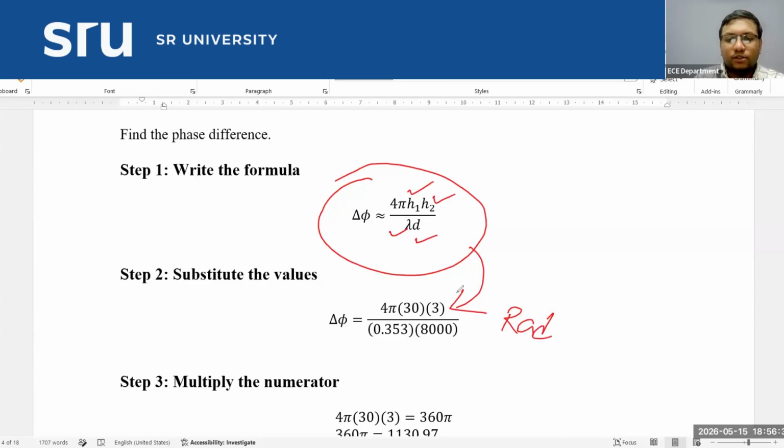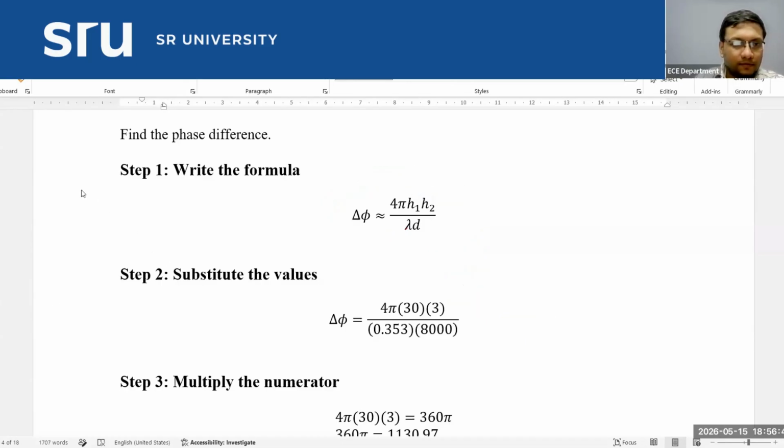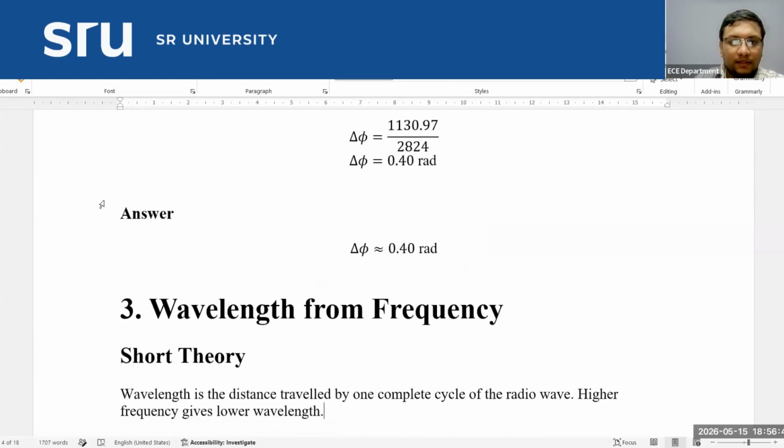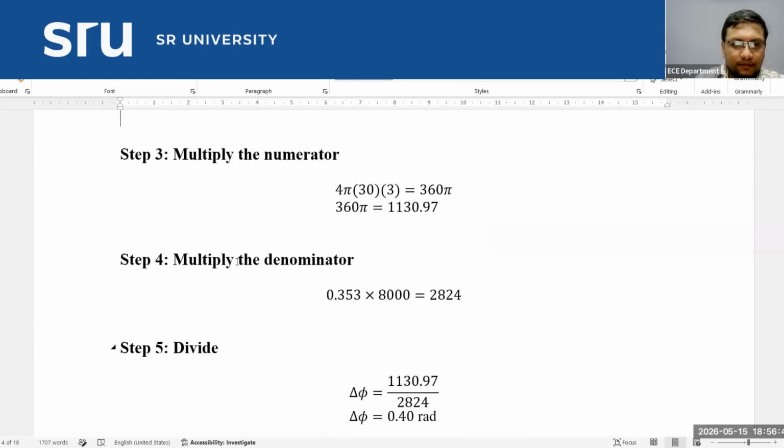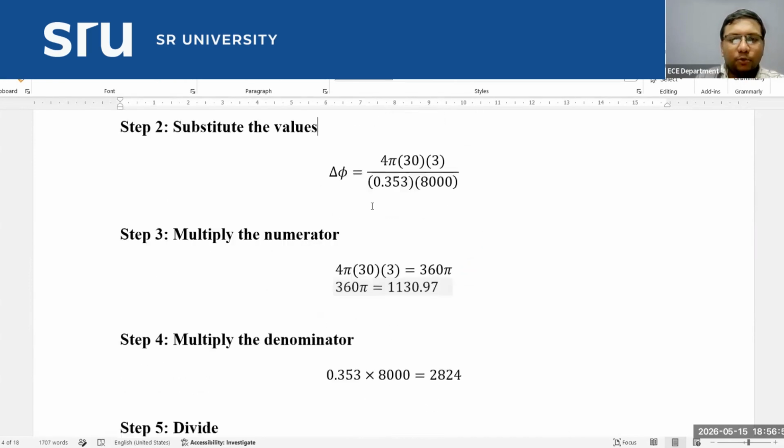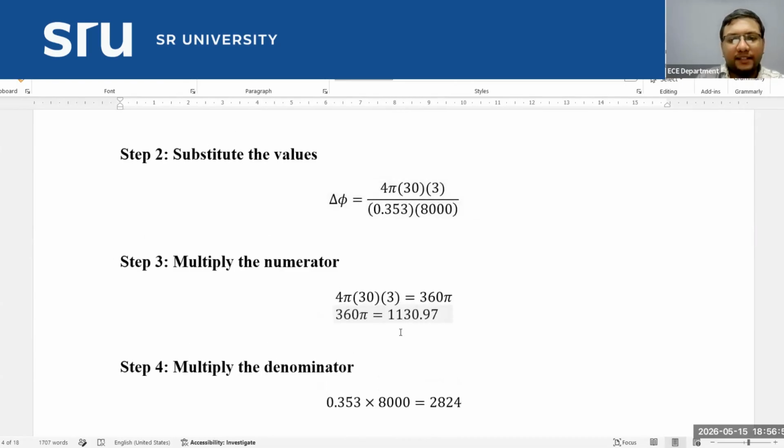So the answer is 360 pi is the numerator. So from the numerator we get 360 pi.